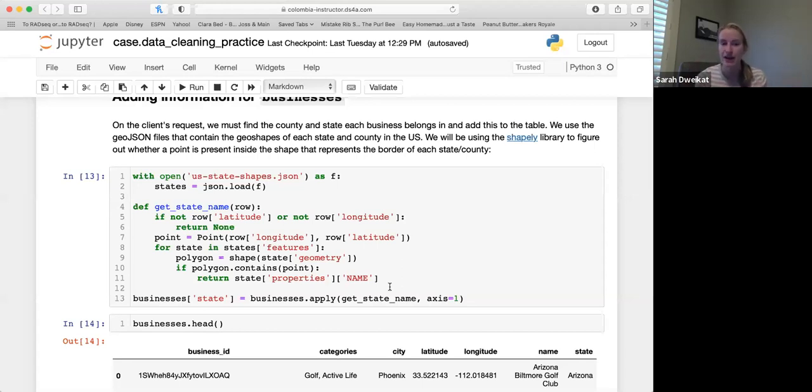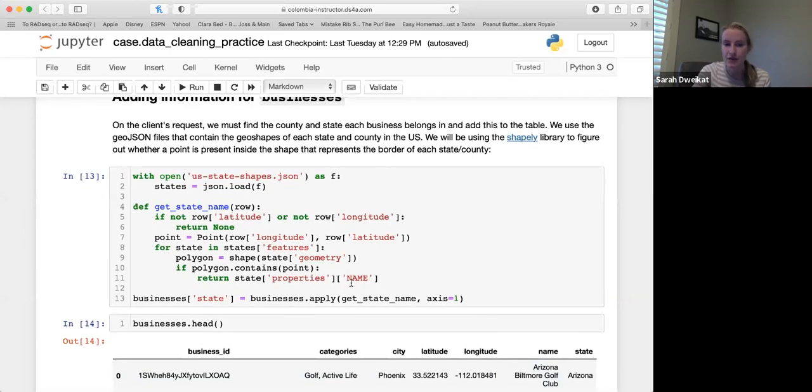We're making a shape out of each of our states that are contained in this JSON. And then we're asking, does our business's latitude and longitude fit within the geometry of the shape that we've created for each state? And if it does, then we want the name.